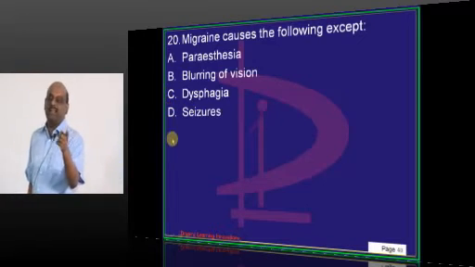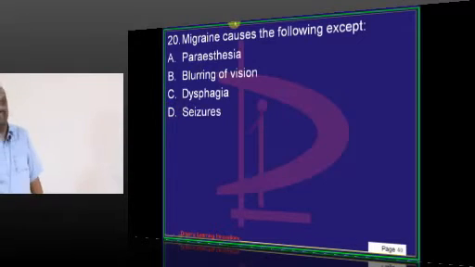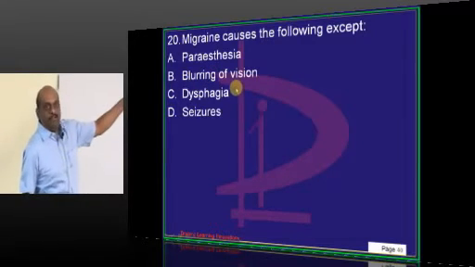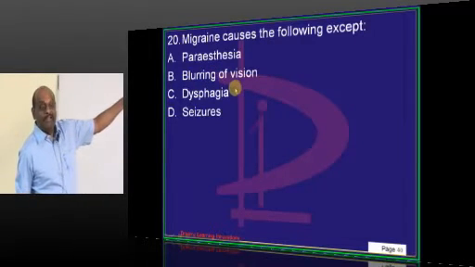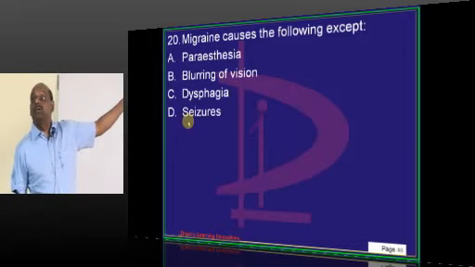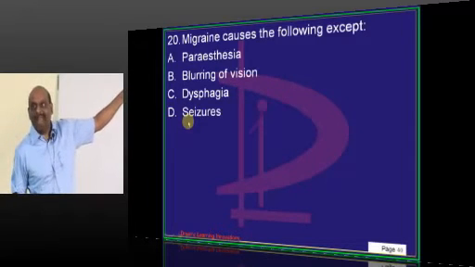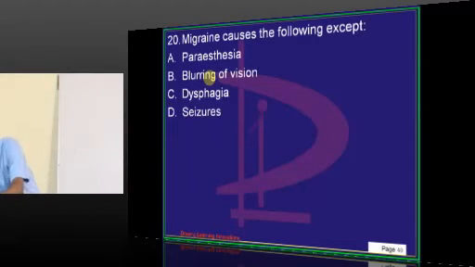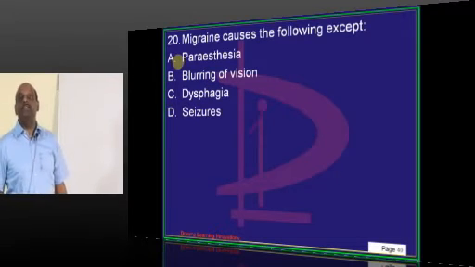This you should answer correctly. Migraine is finished. Yes, say. B, blurring of vision. C for cat. Dysphagia. Question 20. Guntur, Ram, Arundhati, they are all strong about dysphagia.